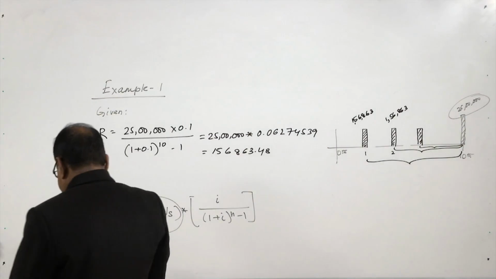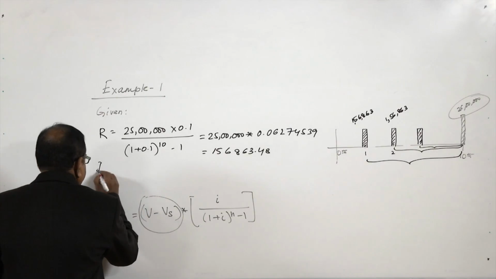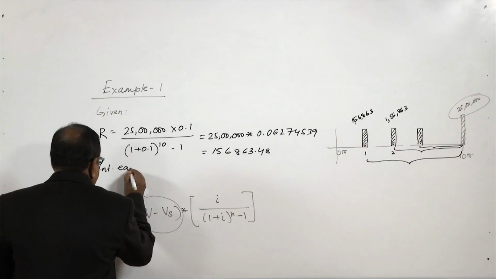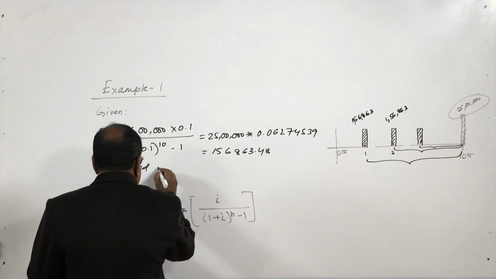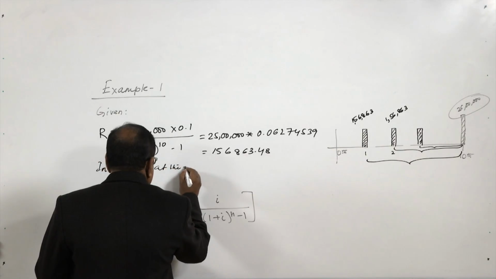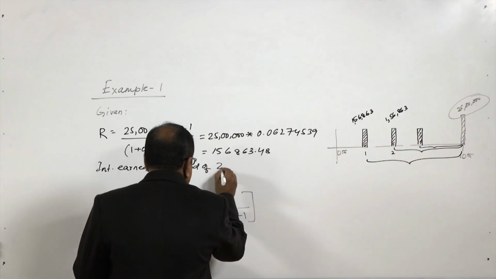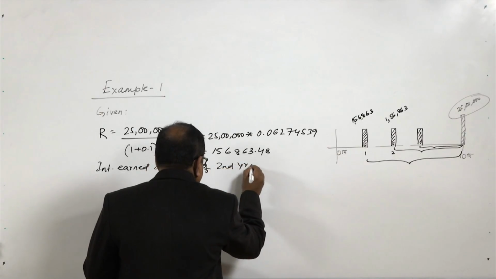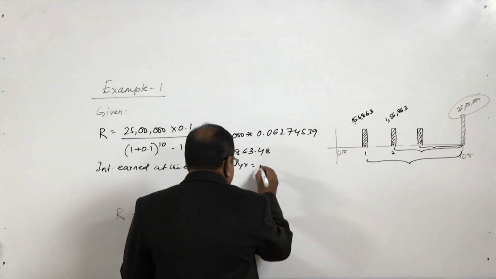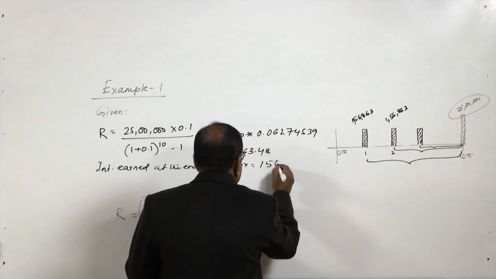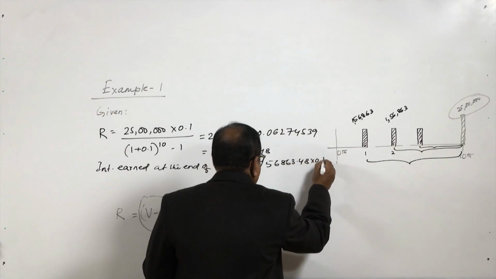So, now the interest earned at the end of the second year is 156,863.48 into 0.1.